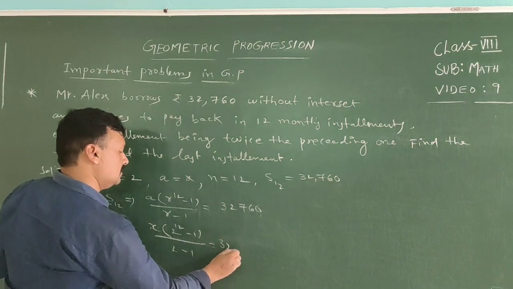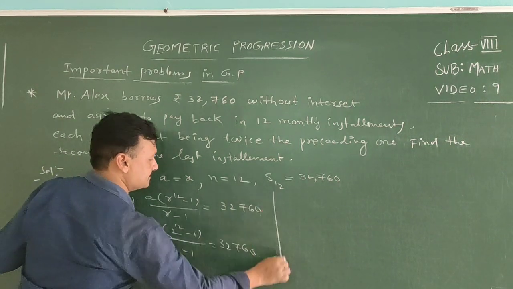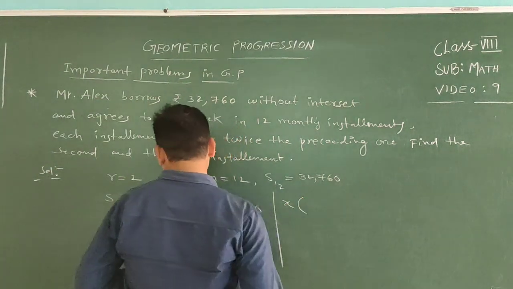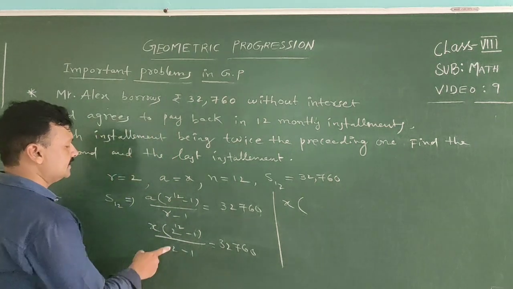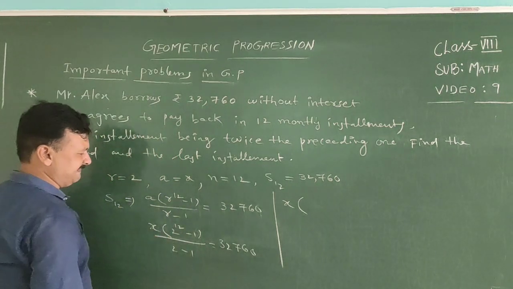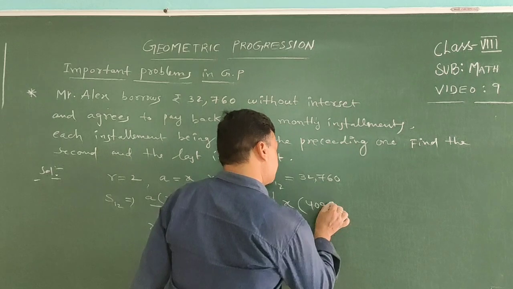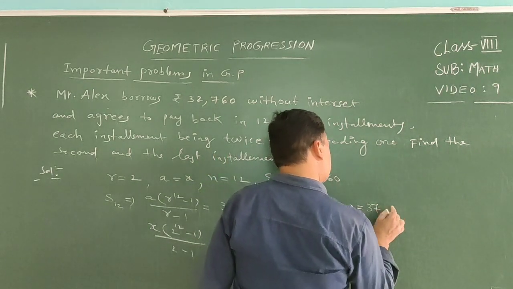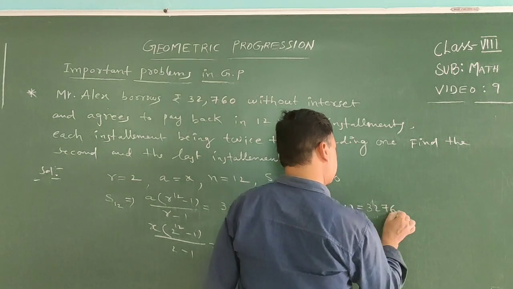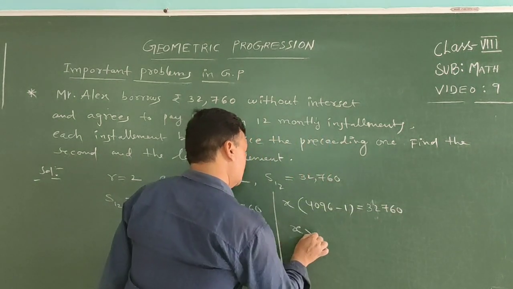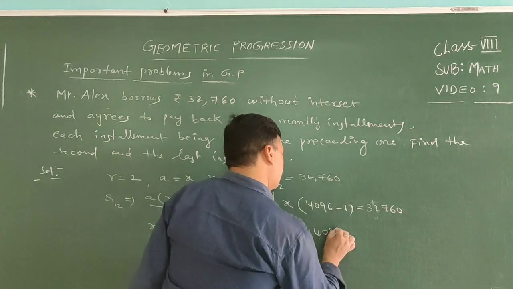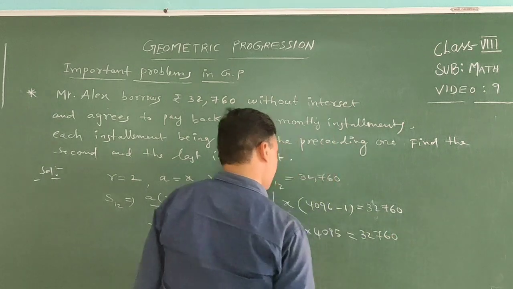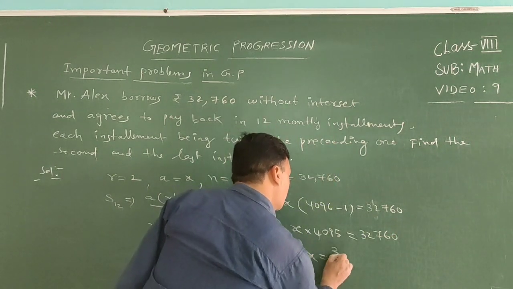Here we don't know X, and R is 2. 2 power 12: 2 power 10 means 1024, into 4 is 4096. 4096 minus 1 equal to 4095. So X into 4095 equal to 32,760.